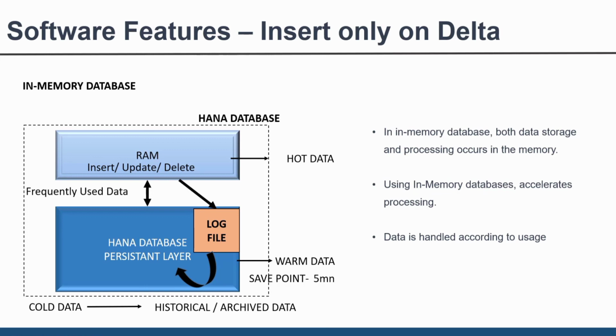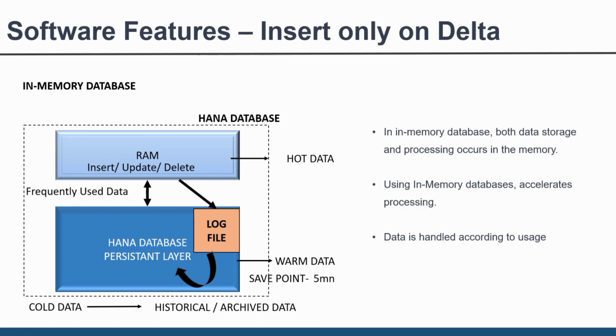Then at a definite interval, the persistent layer will read the log file, and whatever changes are recorded in it will actually be done in the database, and then loaded into RAM again. The frequency at which the persistent layer reads the log file is called a save point. By default, the save point setting is 5 minutes, which you can change. The basis team can change this setting as per business requirement.